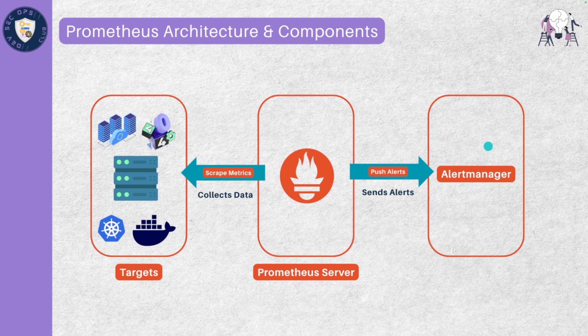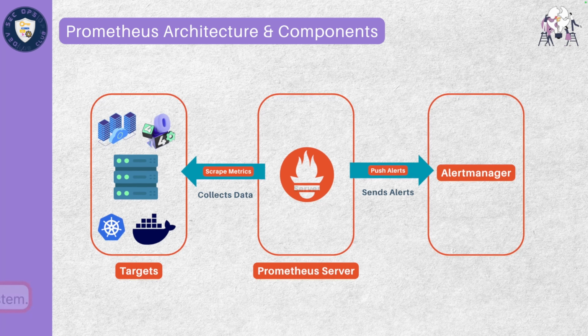For example, if you have configured a chat notification, Alert Manager sends the alert to your chat. If you want, it can also send an email to you. We are coming to the deep dive part where we will see how exactly Alert Manager works.